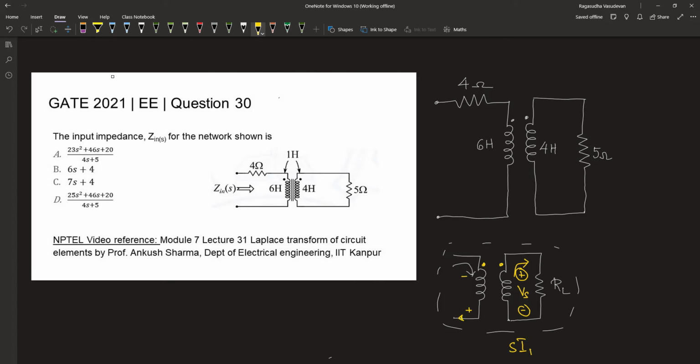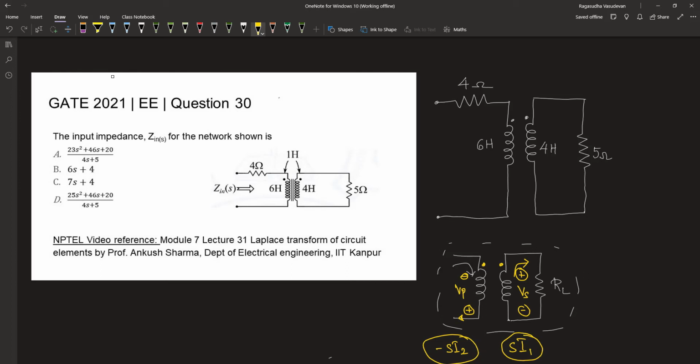So wherever the current seems to leave in a load, then we call the positive terminal of that load to be the leaving end, and in the entering end voltage is negative. So this is the voltage of the primary, which is equal to S into I2, which is opposite of SI1. Therefore, the direction of SI2 is negative and the direction of SI1 is positive.